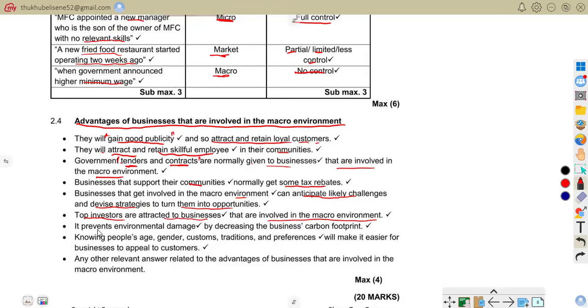It prevents environmental damage by decreasing the business carbon footprint. Knowing people's age and gender and customs and traditions and preferences will make it easier for business to appeal to customers. So any relevant answer related to advantages of business that are involved in the macro environment is accepted.